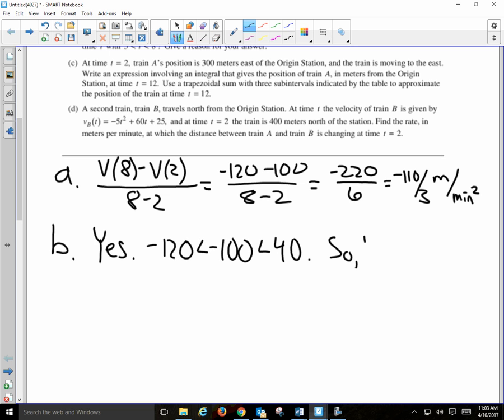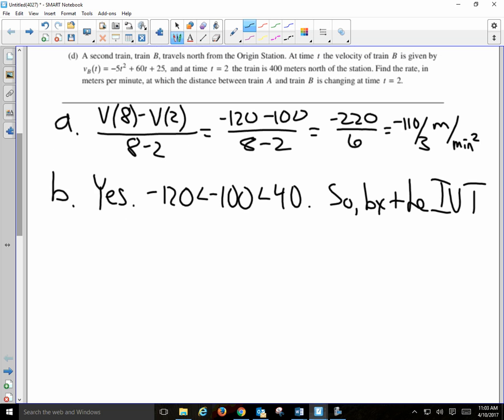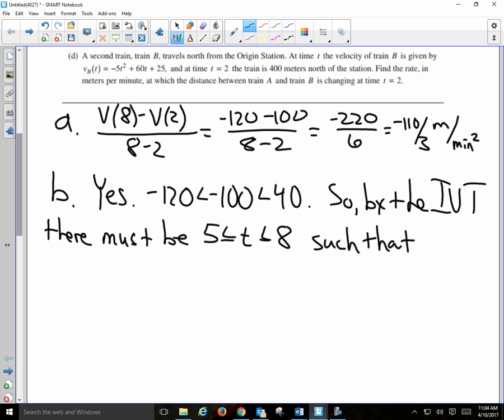So by the IVT, and you don't have to state intermediate value theorem, you just write IVT, there must be a time between 5 and 8, so 5 less than or equal to t, which is less than or equal to 8, such that the velocity is equal to negative 100 meters per minute.